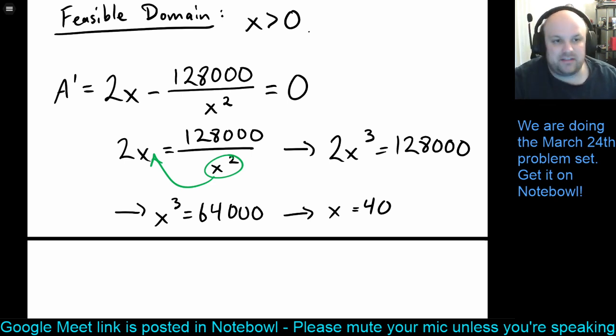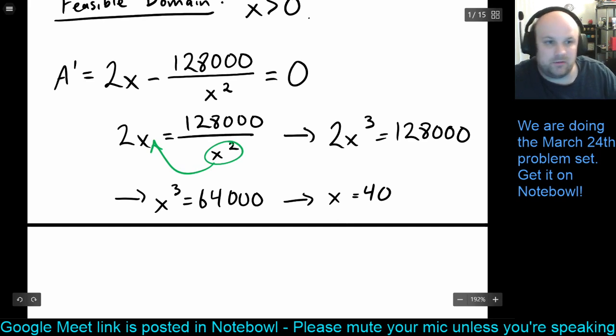If we find out that it's a local max or a local min, because of how functions have to behave at those, and there's no opportunity to have another turnaround in your function, because that has to happen at critical numbers, this has to be either an absolute max or an absolute min. So now we want to figure out, well, which one is it?